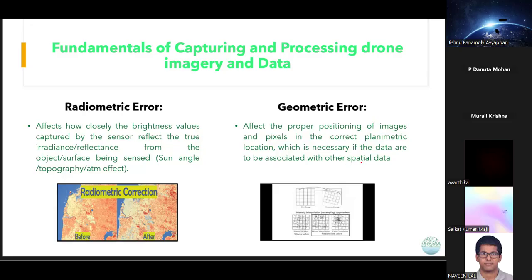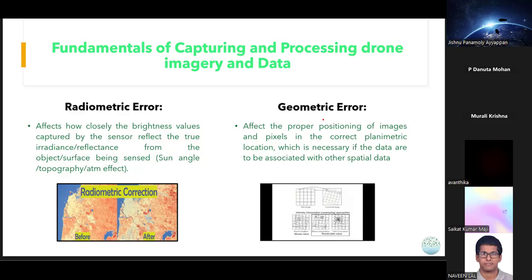These geometric errors are basically caused by the motion, camera tilt, or terrain relief that a drone encounters. If a drone is going fast or if there is an error in the camera angles, we can encounter geometric error. Suppose we are capturing an image of an area through a drone. It should be captured in the perpendicular direction.